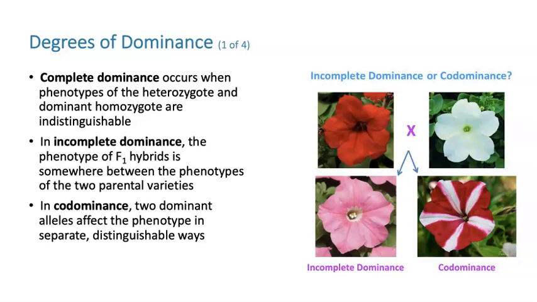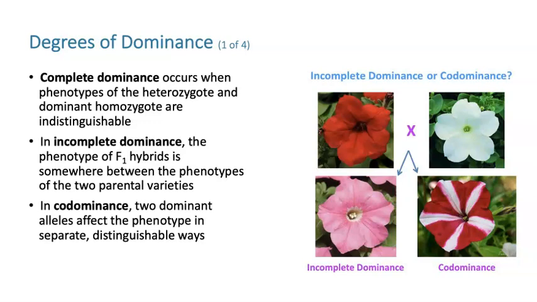Complete dominance is what Mendel learned about. Complete dominance occurs when the phenotype of the heterozygote and the phenotype of the homozygous dominant are the same exact phenotype. Heterozygous or homozygous dominant look exactly the same. But it turns out that that's not always the case.